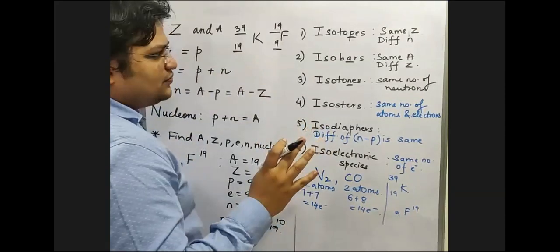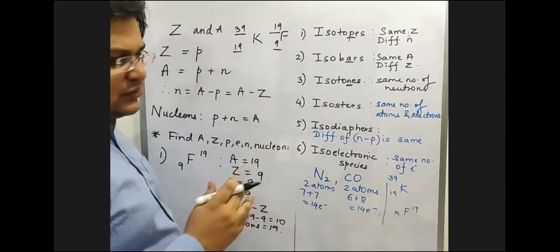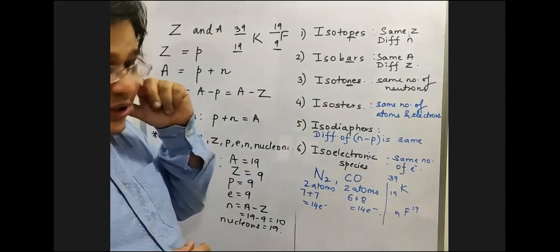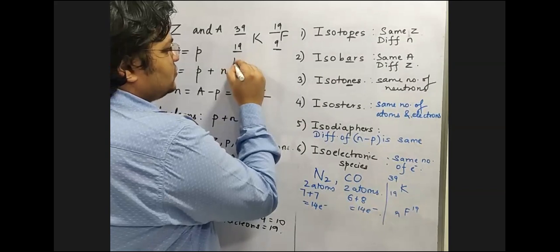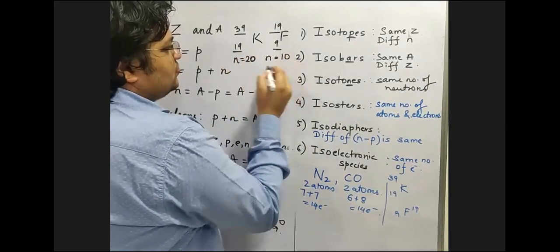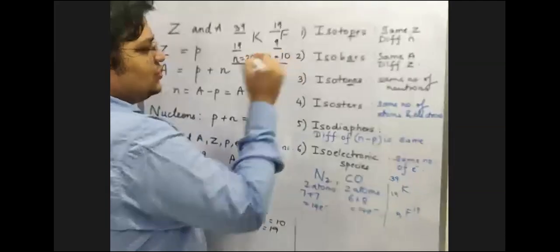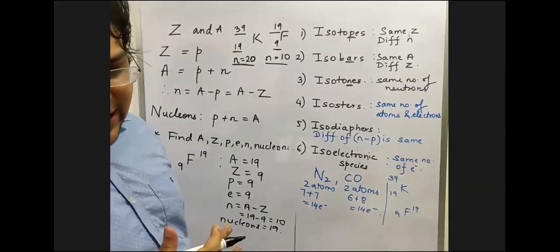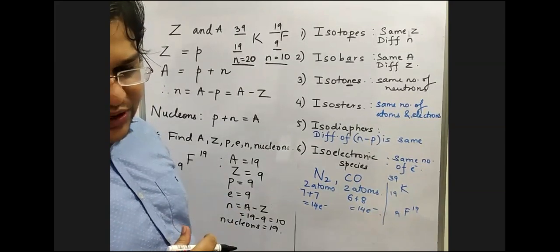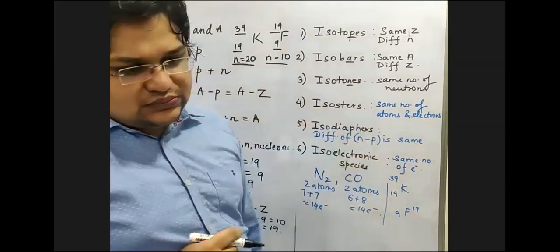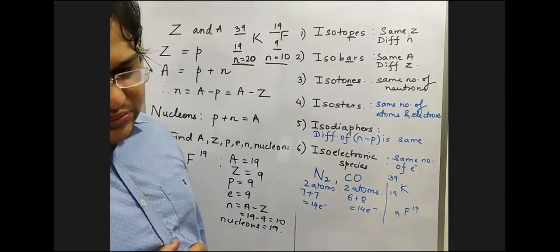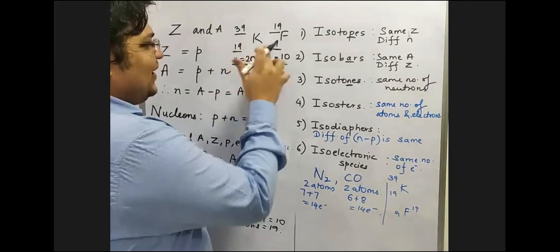Is this clear to you? Are they isotones? Number of neutrons निकालो. Are they isotones? No. Are they isosters? Same number of electrons है क्या? इलेक्ट्रॉन्स तो इसमें 19 है, इसमें 9 है.